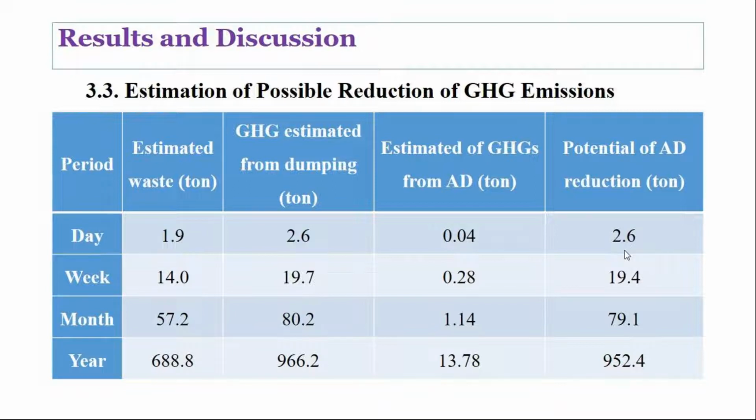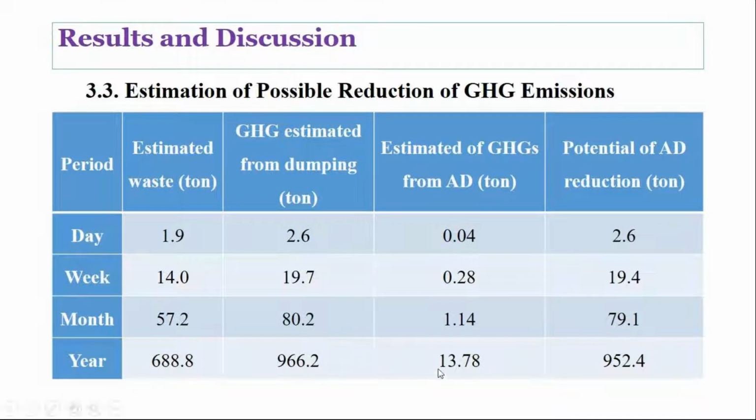When I proceed to the amounts of greenhouse gas emission reduction per year, from 688.8 tons of waste from a dumping site, around 966.2 tons of greenhouse gas will be emitted to the atmosphere.